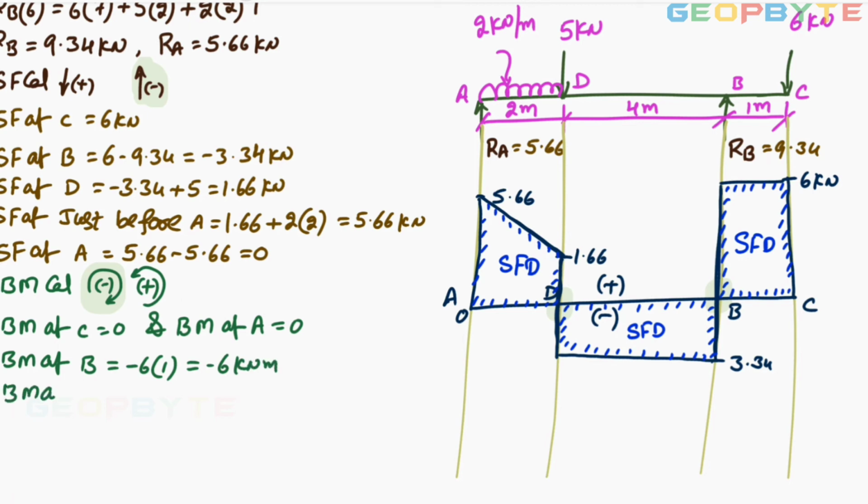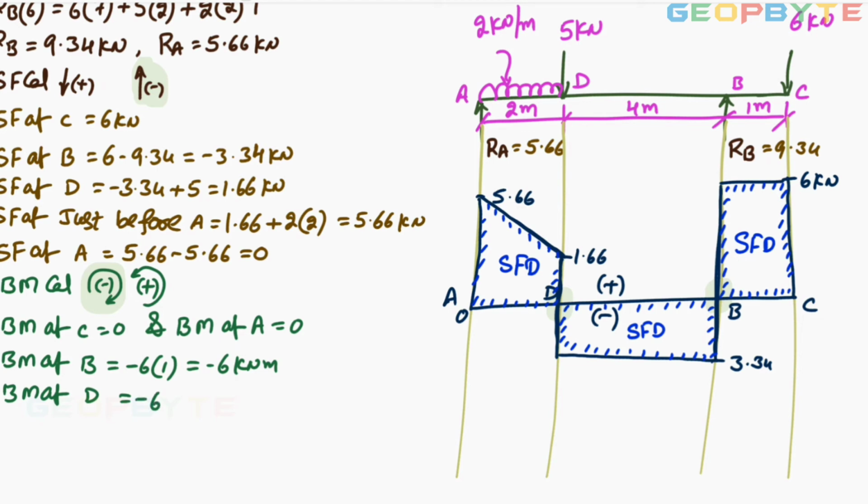Similarly, BM at D. Count how many loads are there before D. Before D, 2 loads are there. One point load at C, one reaction at B. Point load is developing the clockwise moment, negative. Reaction is developing anti-clockwise moment, positive.